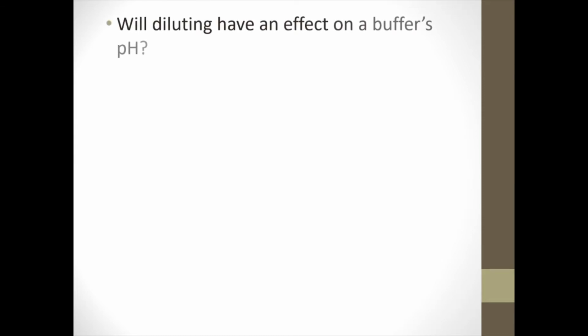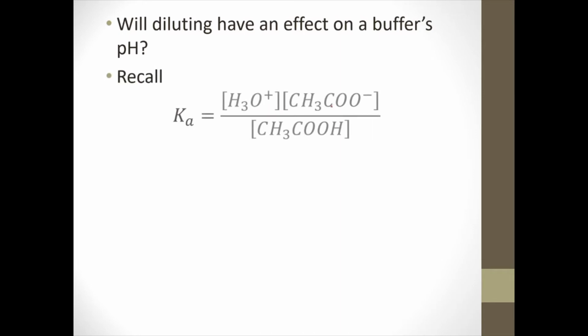Right. So now, does dilution have an effect on the buffer's pH? No, not really, because if you look back at our equilibrium expression, the Ka is this, but because these have equal moles, their concentrations end up being equal, and it simplifies to the following.